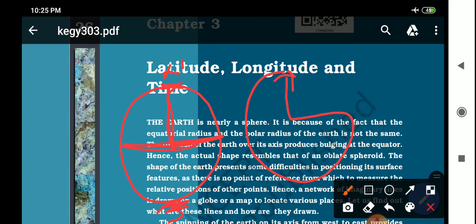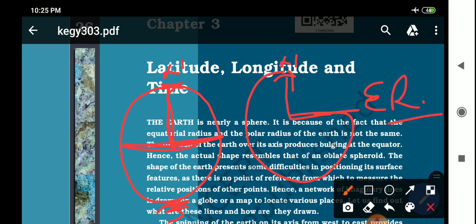So here this is the equatorial radius, and it's not the same if I take the radius towards the pole. There is a difference in the values that can be seen.